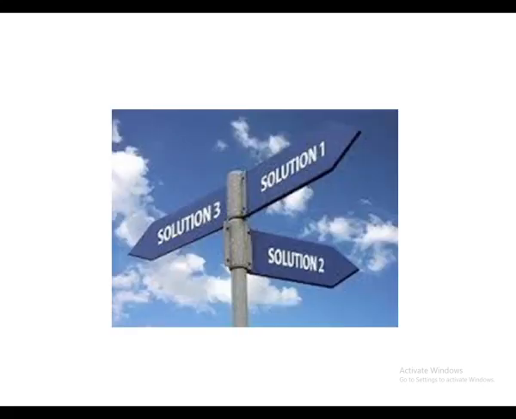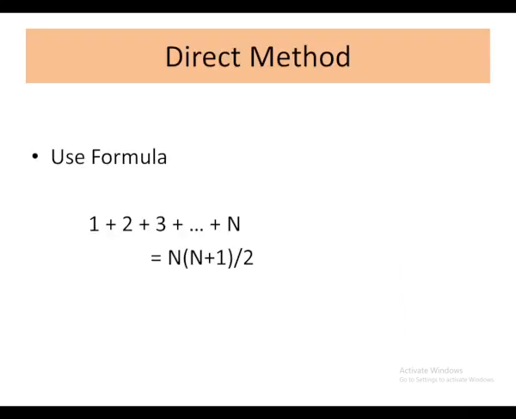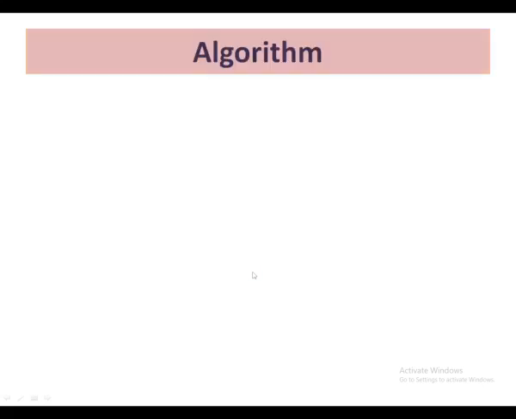Now you also have another solution for the same problem. It is a direct method. You can also use a formula to solve this problem. In mathematics you would have learned this problem. So 1 plus 2 plus 3 up to n, the formula is n into n plus 1 divided by 2.